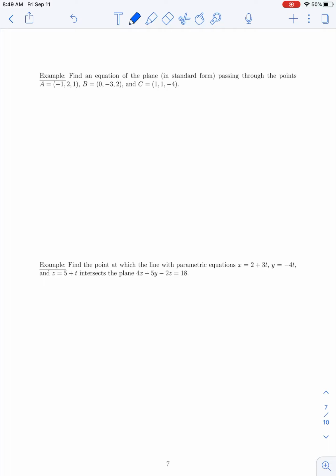Here, if we have 3 points in space, call them A, B, and C, and we're looking for the equation of the plane which contains those points, we need a vector which is normal to this plane.